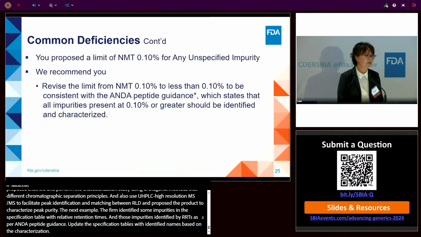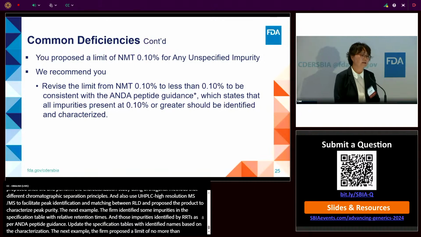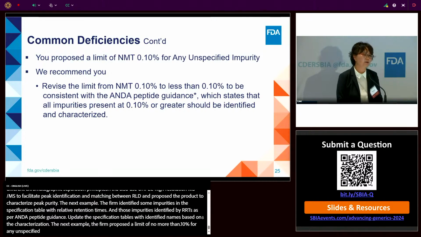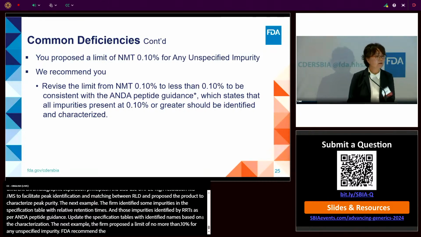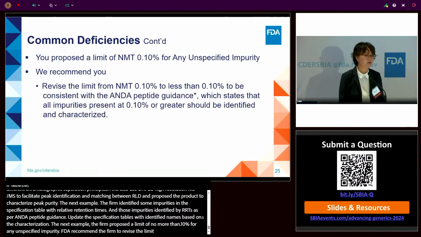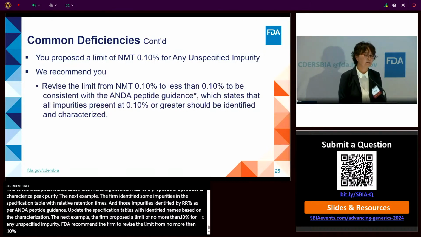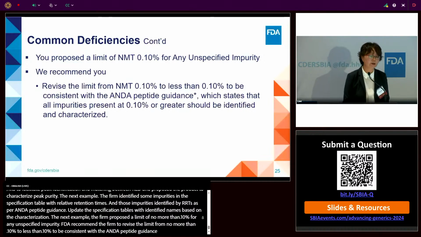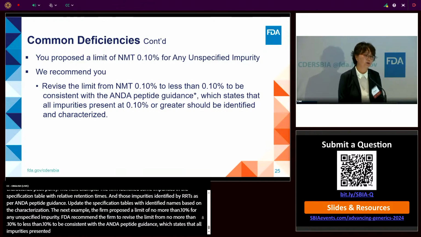The next example, the firm proposed a limit of no more than 0.10% for any unspecified impurity. FDA recommends the firm to revise the limit from no more than 0.10% to less than 0.10% to be consistent with ANDA peptide guidance, which states that all impurities present at 0.10% or greater should be identified and characterized.